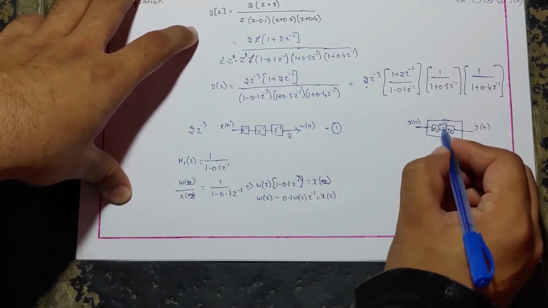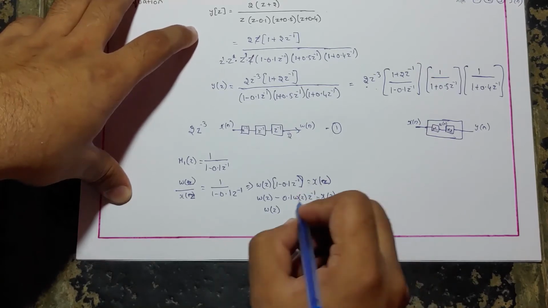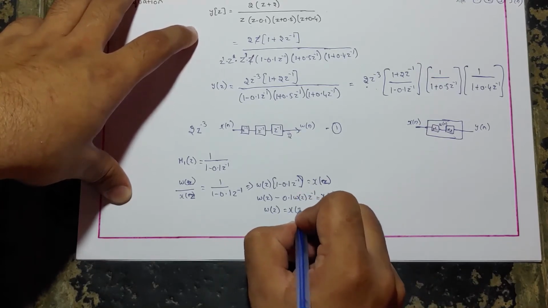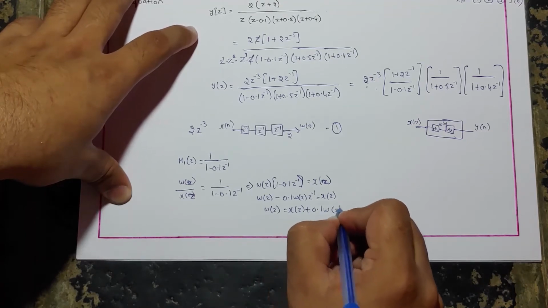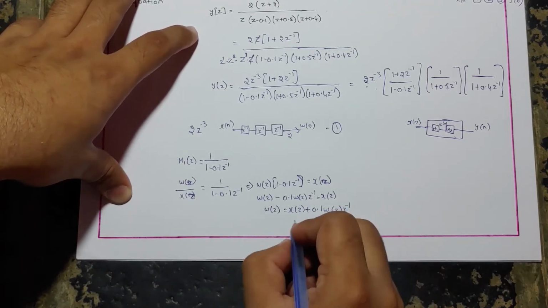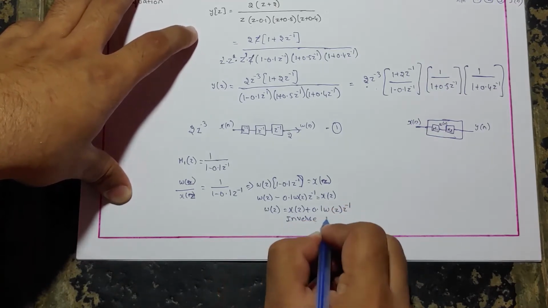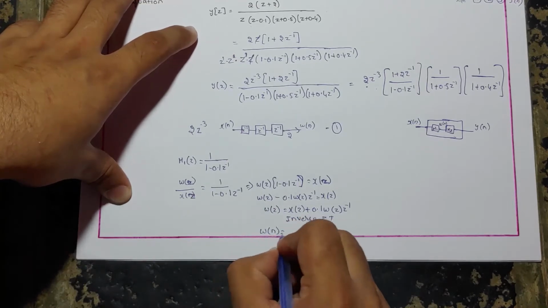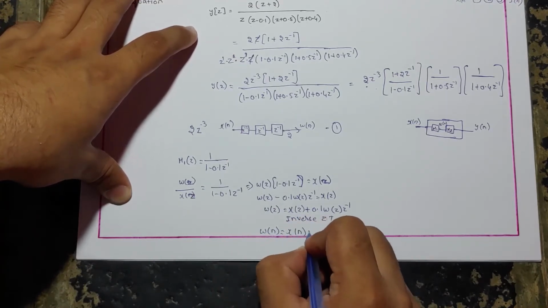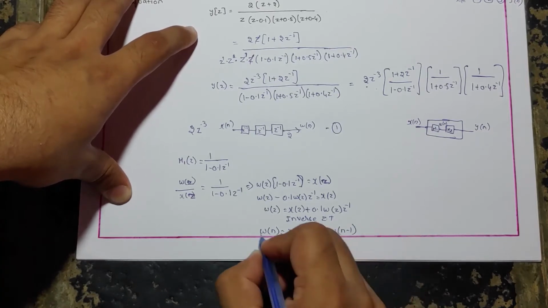As the output is w of n, keep W(z) aside and send the other items to the other side. That is, X(z) plus 0.1 times W(z) times z power minus 1. Let us apply the inverse z transform, which results in w of n equal to x of n plus 0.1 times w of n minus 1.